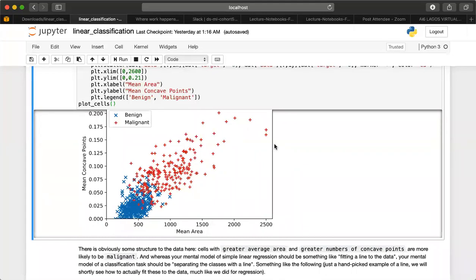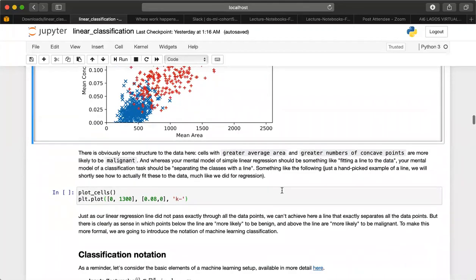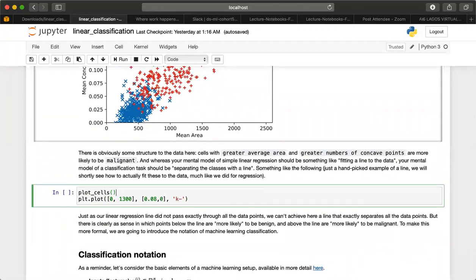So most times, based on this data we have here, it's more likely to be malignant, right?